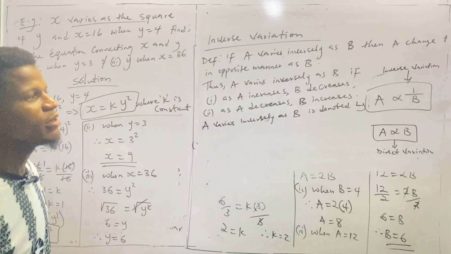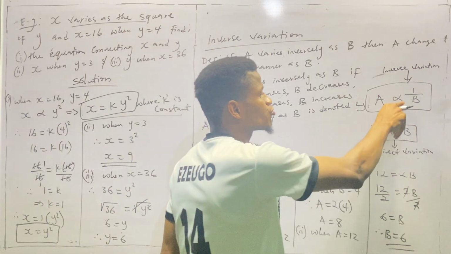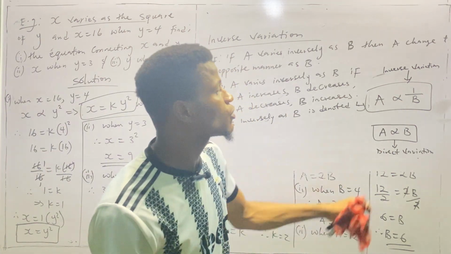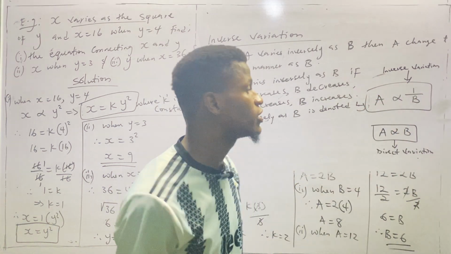Now remember, whether inverse, direct, or whatever, so far it is variation, you need to introduce an equation. To introduce the equality between them, you need to introduce a constant, because it is the constant that brings about the equality.